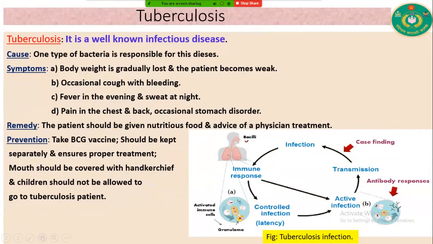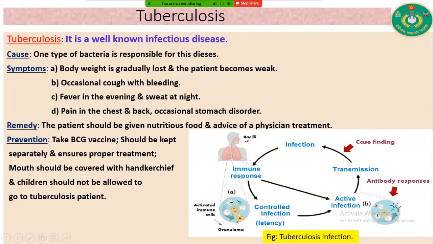As a symptom of the disease, the body weight is gradually lost and the patient becomes weak. Occasional cough with bleeding, fever in the evening and sweat at night, pain in the chest, back, occasionally stomach disorder.